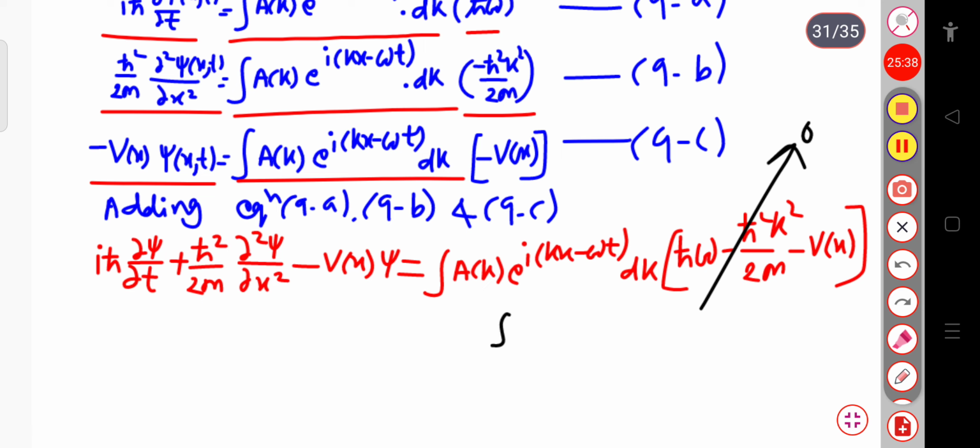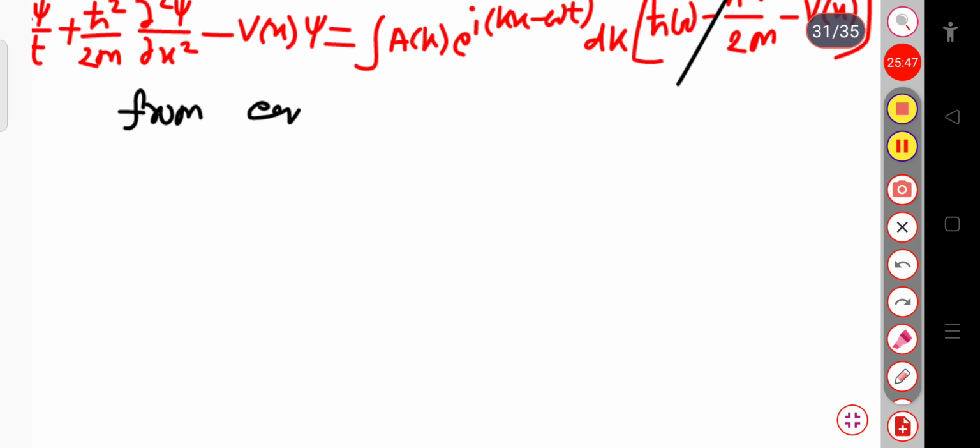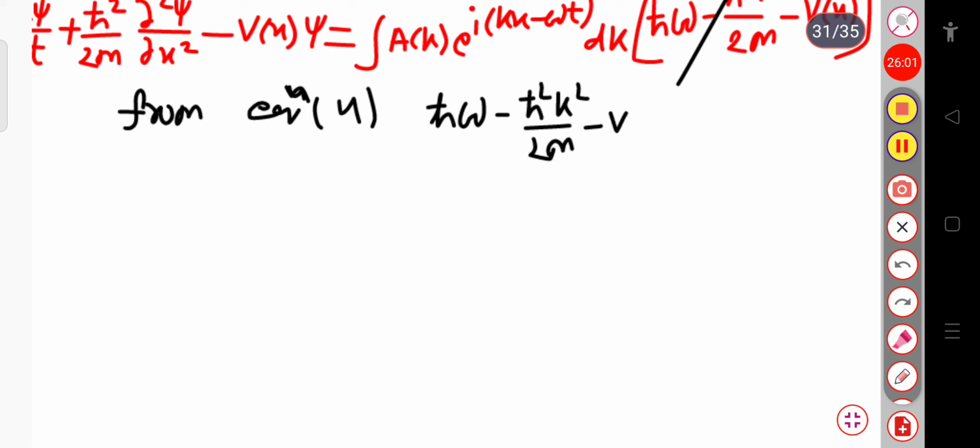From equation 4, h cut omega minus h cut square k square divided by 2m minus V of x is equal to 0. That's why this expression goes to 0.